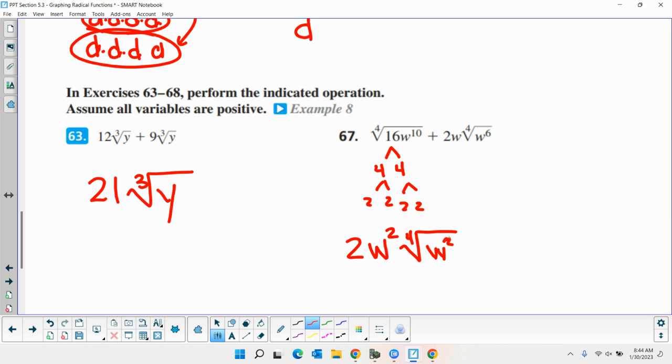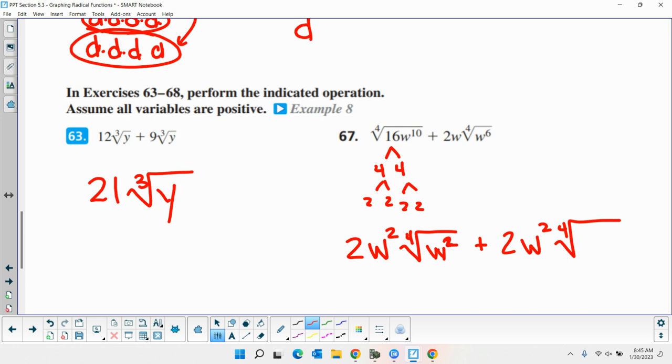All right. Any groups of 4 W's in there? In 6 W's. How many? 1 group of 4 W's, right? There's another W outside. So times W squared. So this is plus 2 W squared, 4th root. Now I took 4 W's out of there.